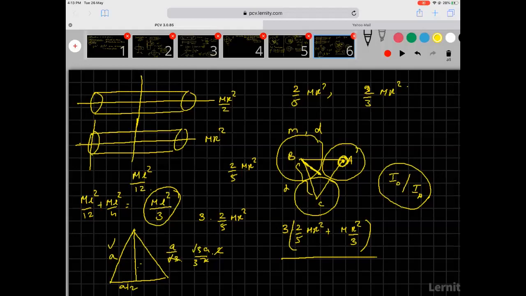So 2 times md squared. So this ratio you have to find out. A little bit of calculation you will have to do, but with a little bit of perseverance you will be able to get it. Please try to complete it.